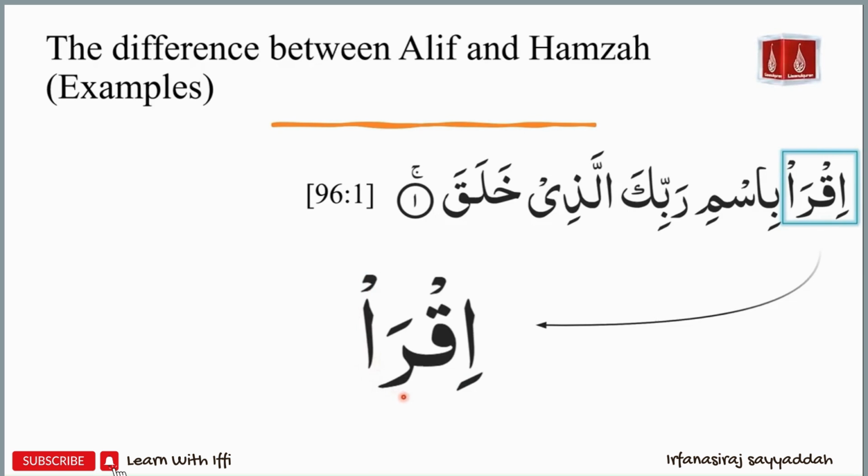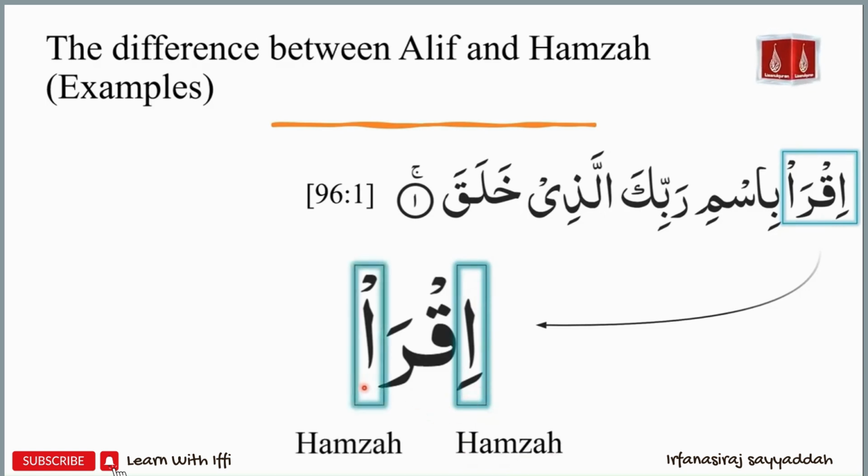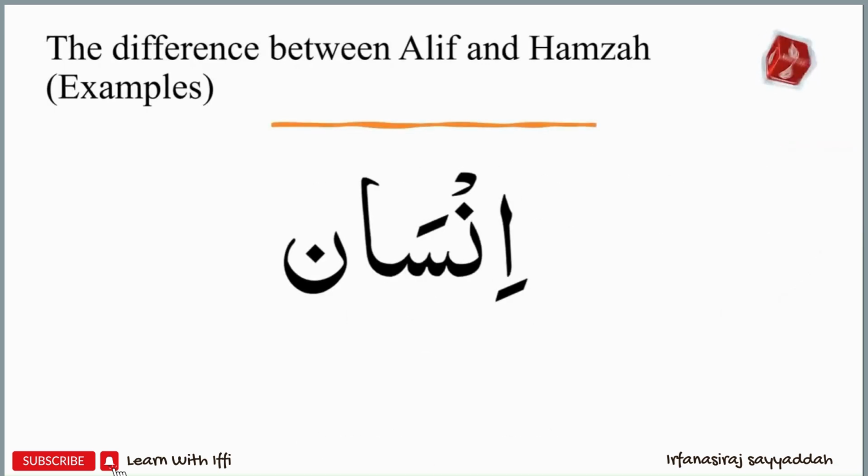And what we have learned is that by definition, alif will have no sukoon or no harakat on it. So this symbol is actually hamza because of the presence of the zair. And this is also hamza because it has the presence of sukoon. So in conclusion, iqra has no alif in it. It has two hamzas.